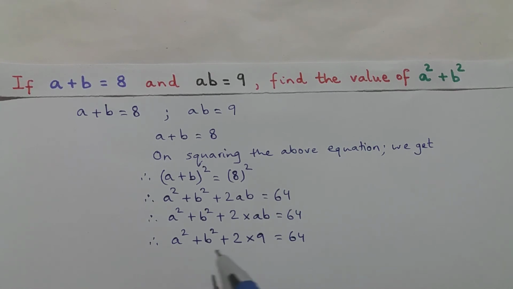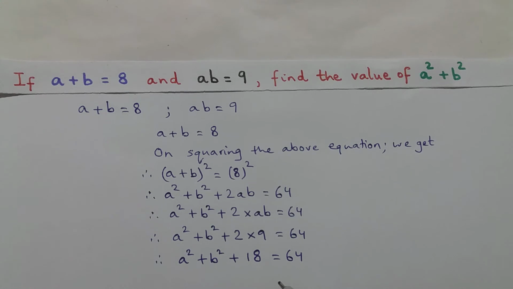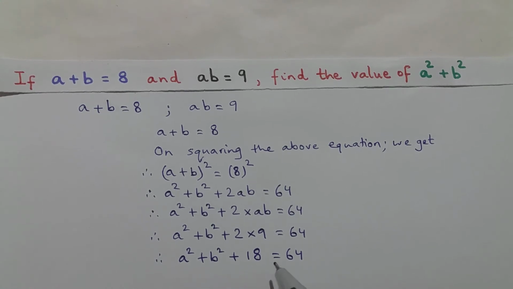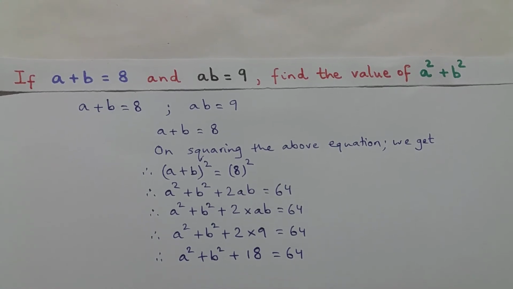And I think now you can see where we are going with this question. A square plus b square plus 2 into 9. 2 into 9 is 18, that is equal to 64. So a square plus b square plus 18 is equal to 64.